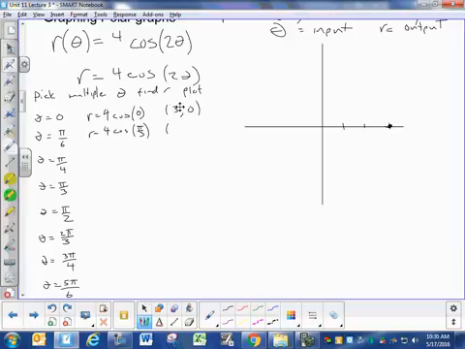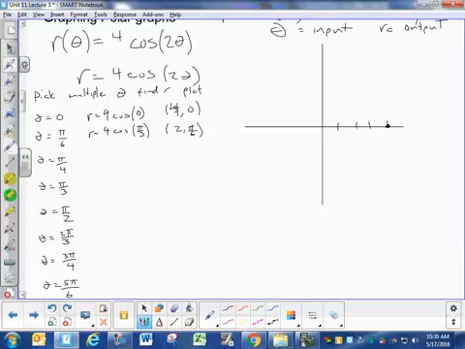Okay, so you got the point 4, 0. Cosine of pi over 3 is a half. 4 times a half is 2. So I get the point 2 comma pi over 6.